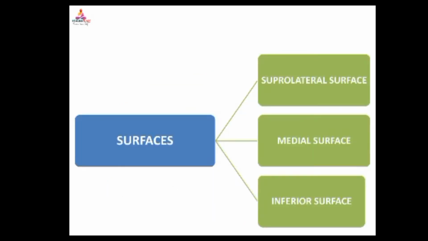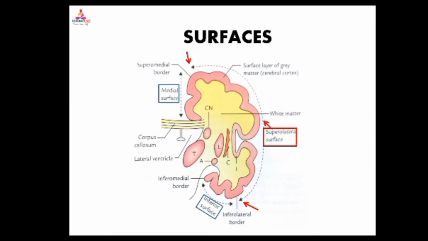Next are the surfaces. Each cerebral hemisphere has three surfaces: superolateral surface, medial surface, and inferior surface. The superolateral surface is most convex and most extensive.